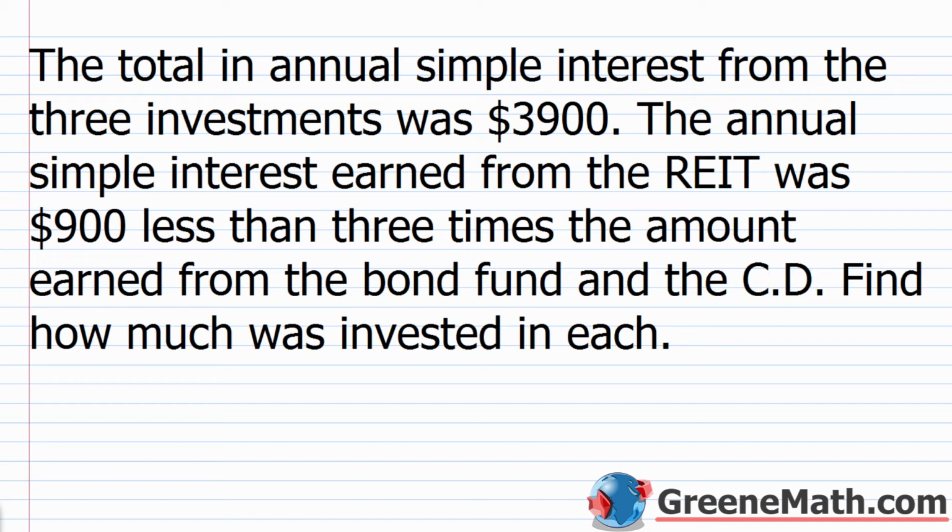So the first thing is, what are we asked to find? We're asked to find how much was invested in each. There are 3 things here. There's a REIT, there's a CD, and there's a bond fund. And we're not given any information as far as how much was invested in each one, so we could use a variable to represent each amount. So we could say X, let X be equal to the amount invested in the REIT.